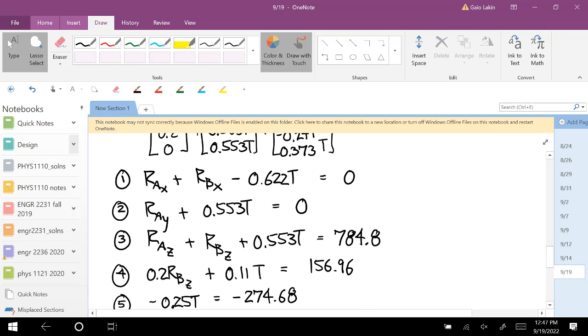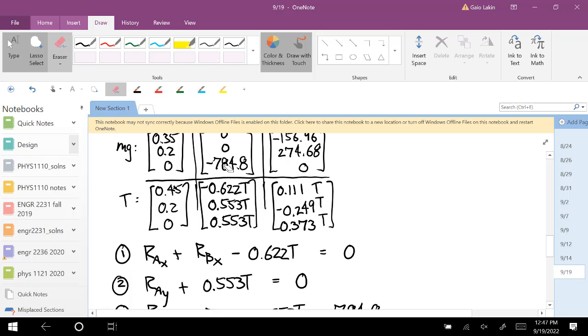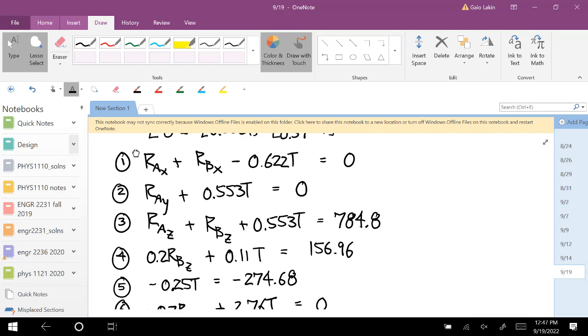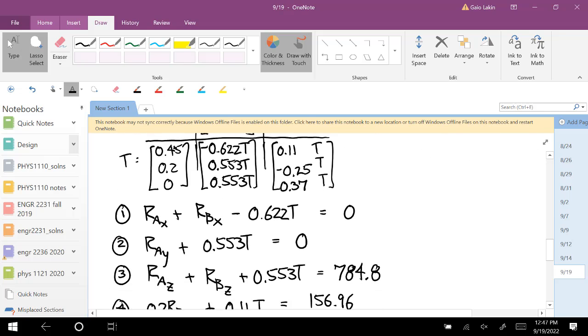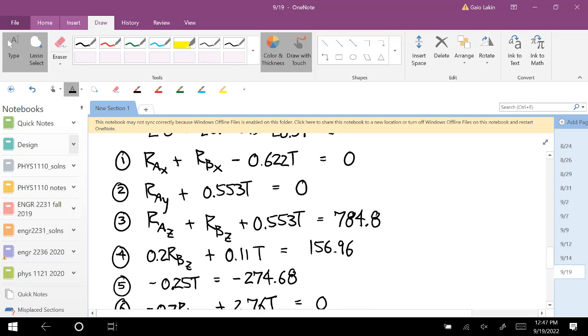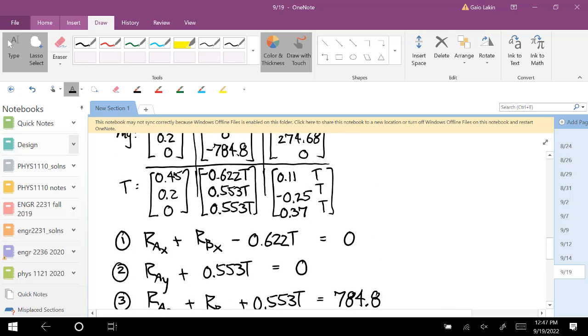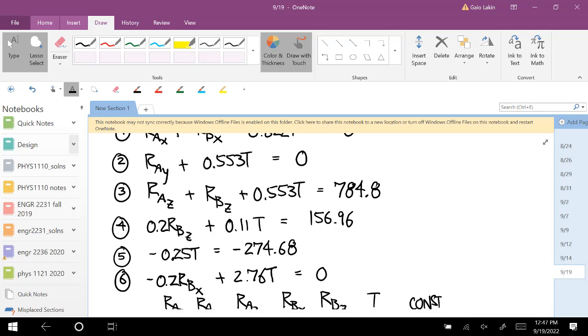I'll just leave it all in two decimal places. For equation 5, we get negative 0.25 and then negative 274.